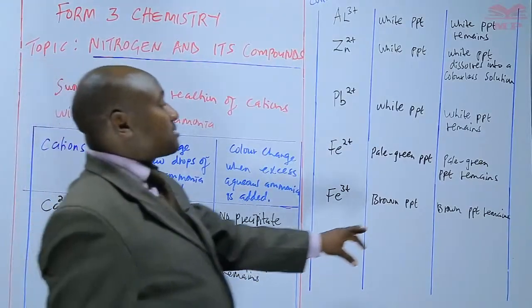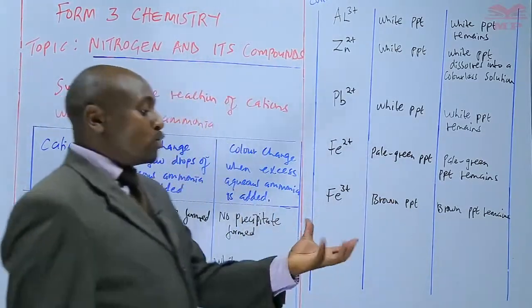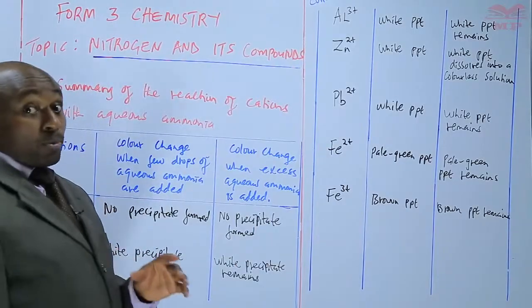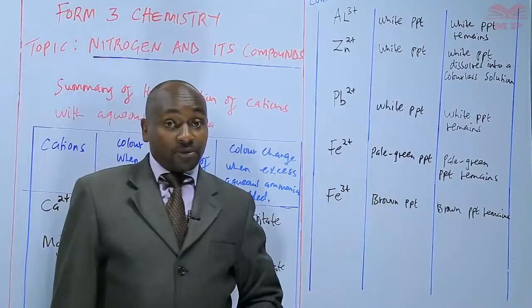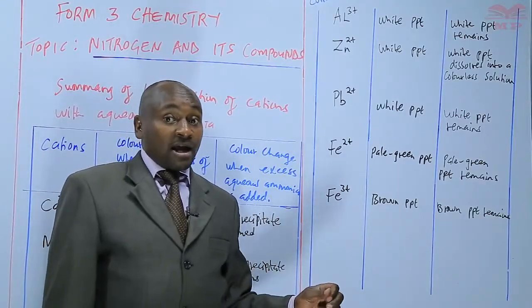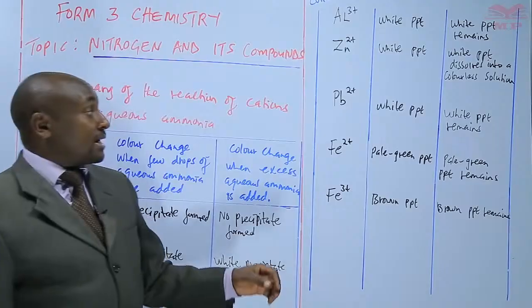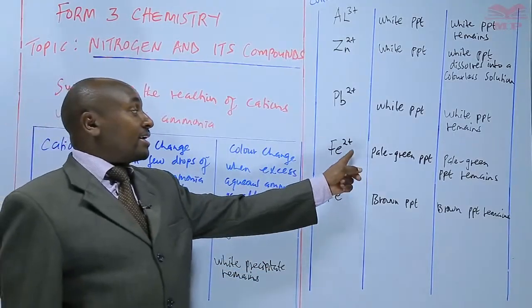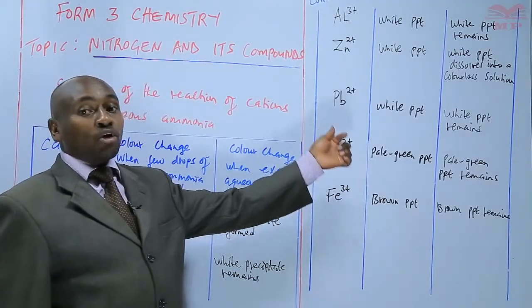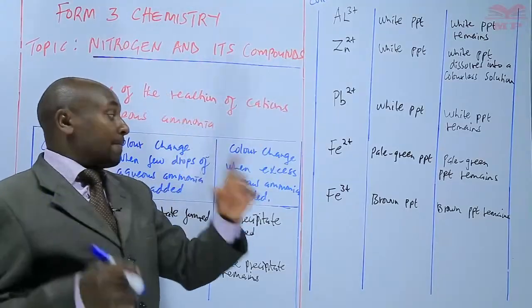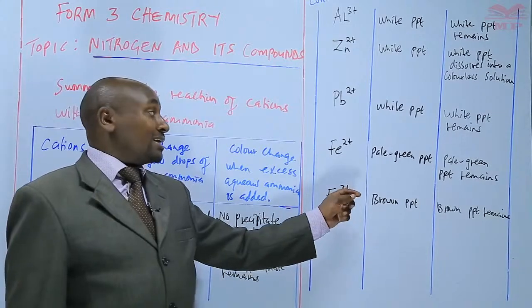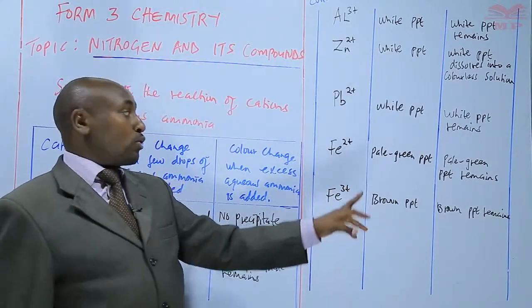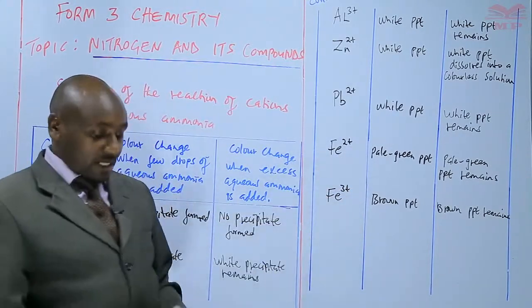So if you take this pale green precipitate and leave it somewhere exposed to the air, it slowly turns brown. And the reason for that is because the green iron 2 ions are oxidized by the atmospheric air to brown iron 3 ions. So that is as a result of oxidation of iron 2 to iron 3.